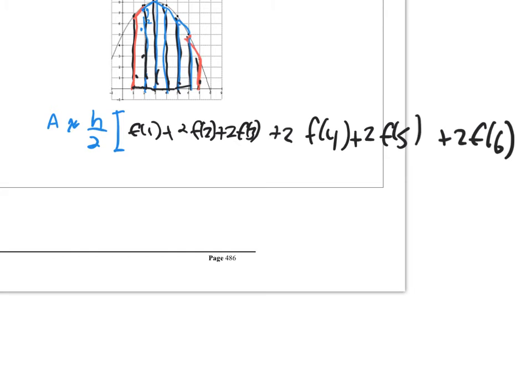What was the height in this problem? 1, so it's still a 1/2 then. That doesn't go away this time.